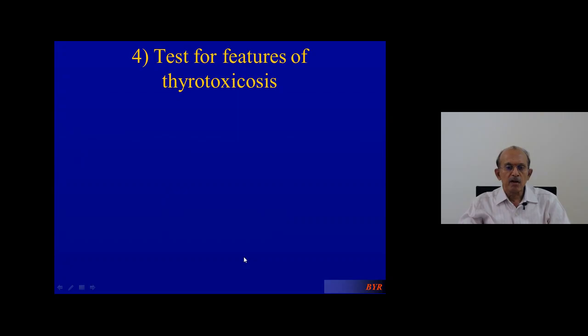So the fourth point you have to check is whether the patient is having features of thyrotoxicosis or not. Already I told you 4 cardinal features of thyrotoxicosis. You check for them. What are they? What are the cardinal features of thyrotoxicosis?